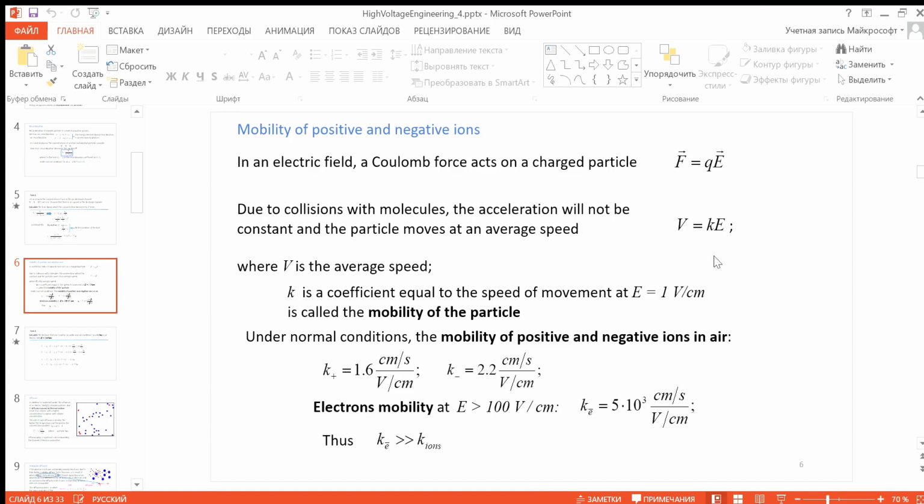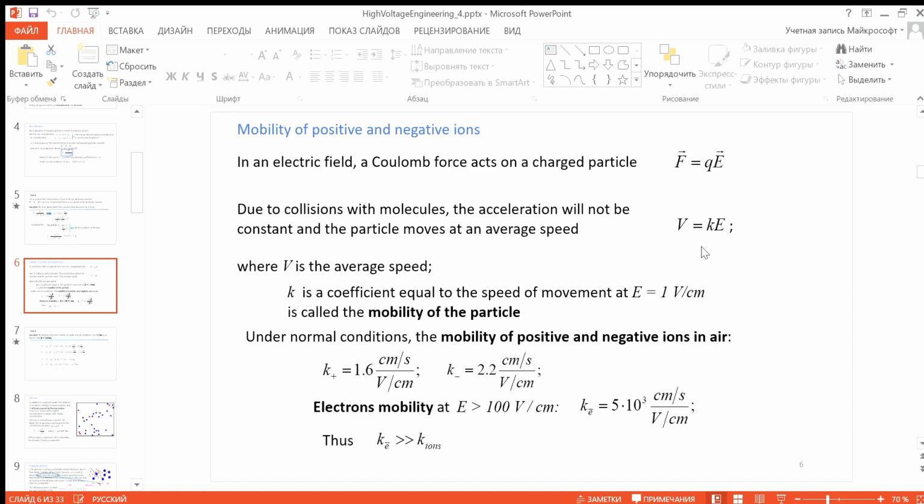Finally, when weight and resistance cancel each other out, he moves at constant speed. This speed is proportional to some parameter, which depends on the body weight and the posture in which the fall occurs. The mobility of ions and electrons in a plasma plays the role of this coefficient.